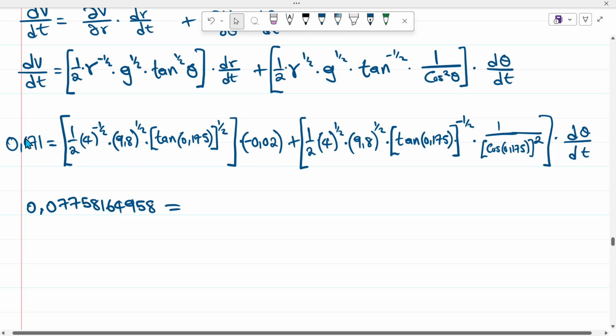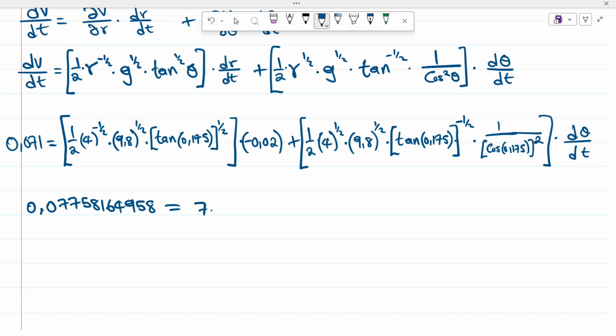So it's going to add with that other one because it was negative on this other side. So when it goes on the other side, it's going to be positive. So you press your calculator again, you press only this term that multiplies the theta dt. You should be able to get something like this, and then multiplied by the theta dt.